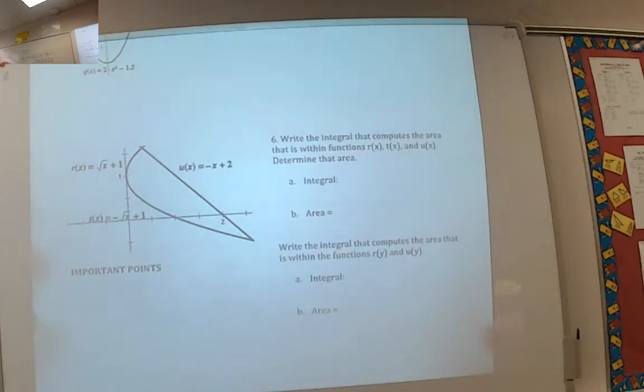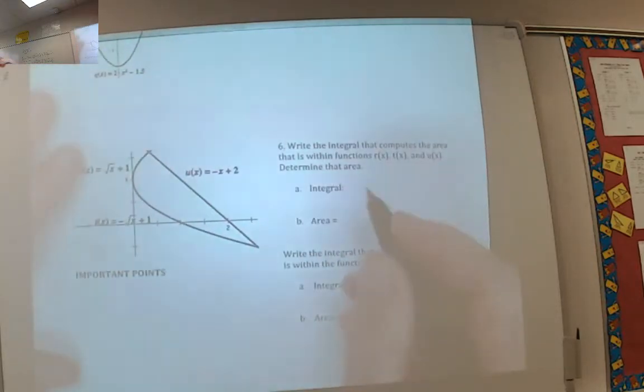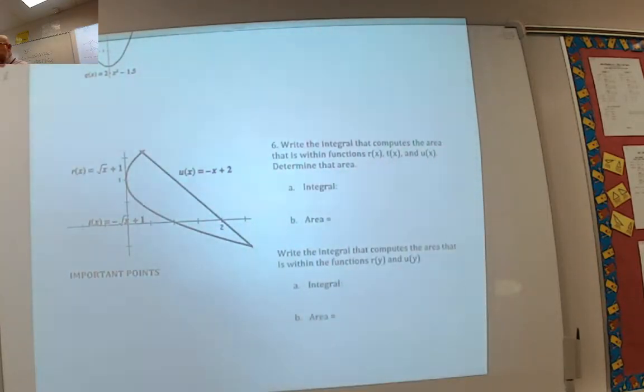Okay. All right, did we have an integral here? And we had to have two integrals, is that correct? And did it look like this?